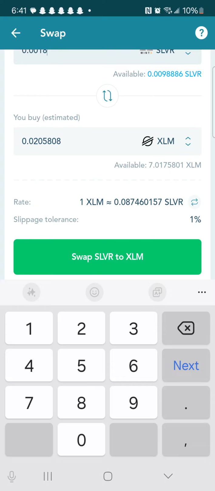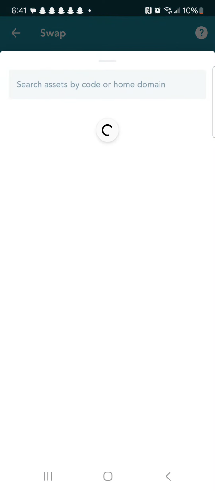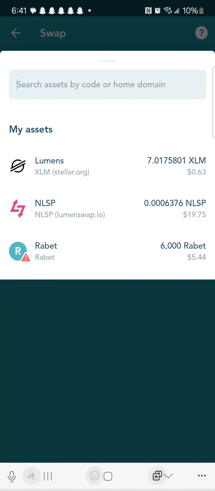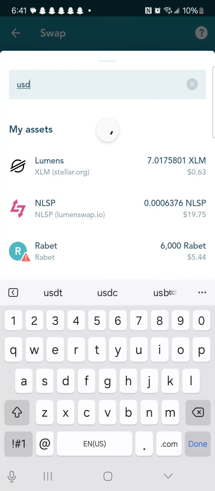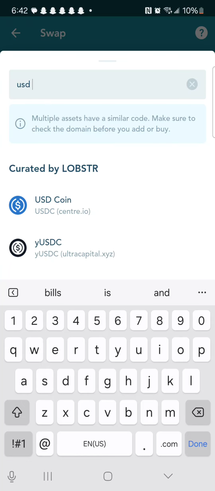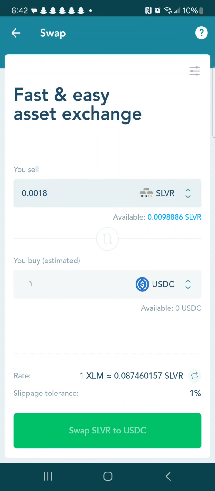So if you want to swap into USDC and get cash, go here, type USDC or USD, which is partnered with the Federal Reserve.